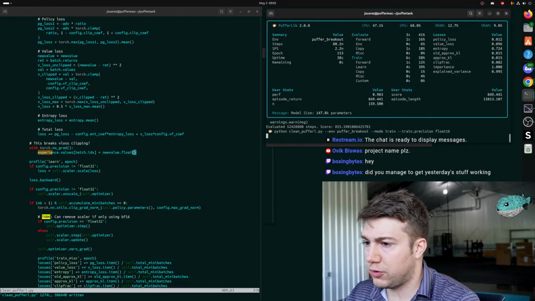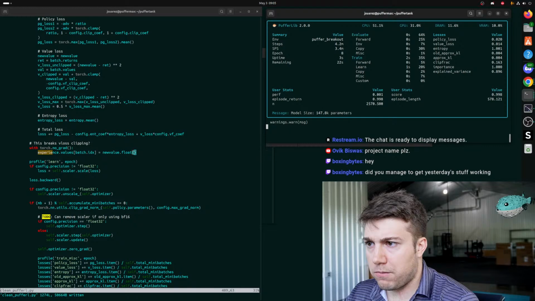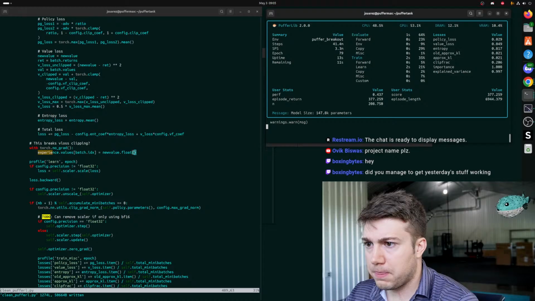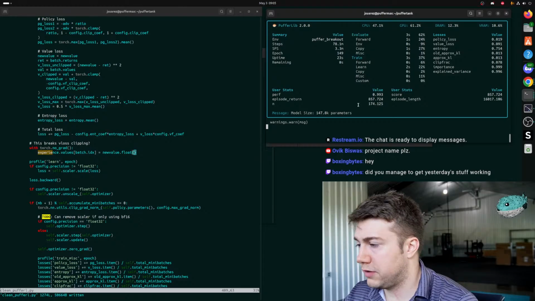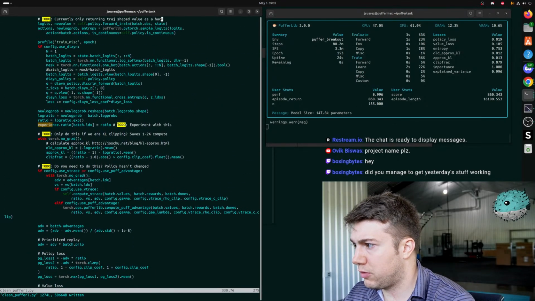Now, if I run with float 16, it is still slower. Is it stable, though? Seems to be. Let's see if we're actually doing what we expect here.